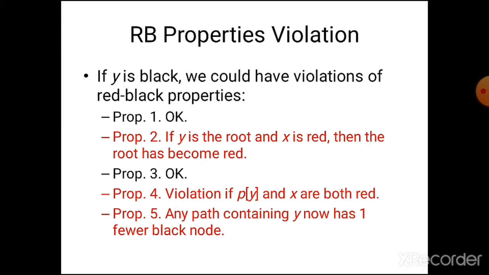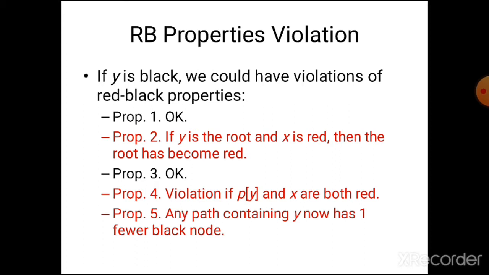First property: every node is either black or red. After y is black, if we replace it with its successor, then its color becomes either red or black. So the first property is not violated.